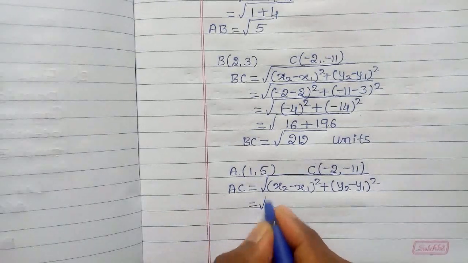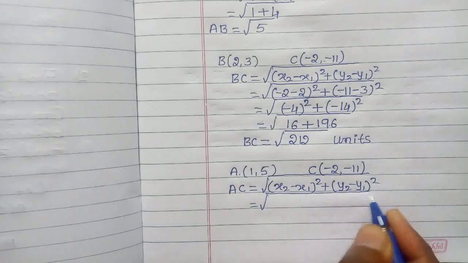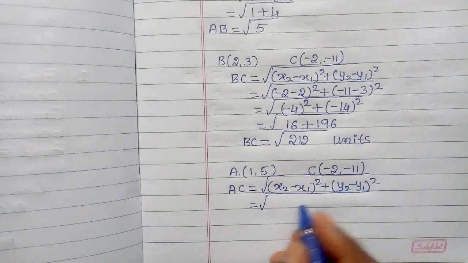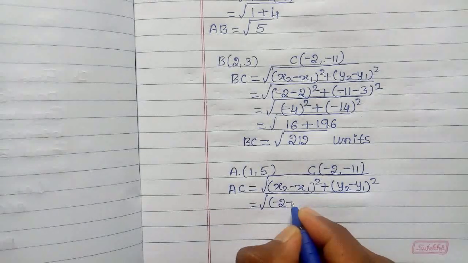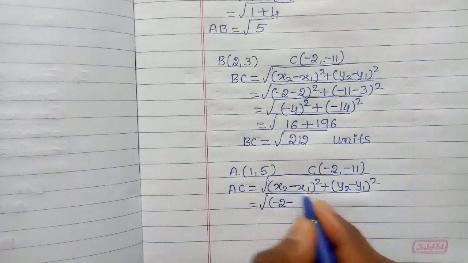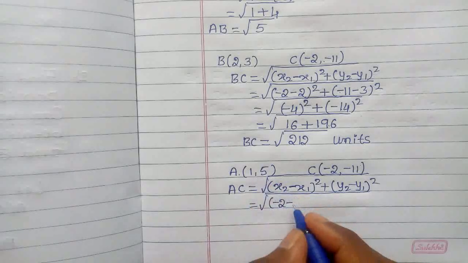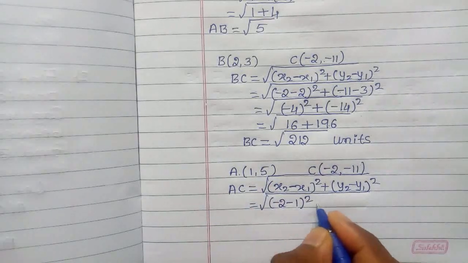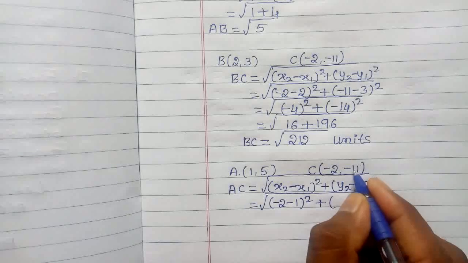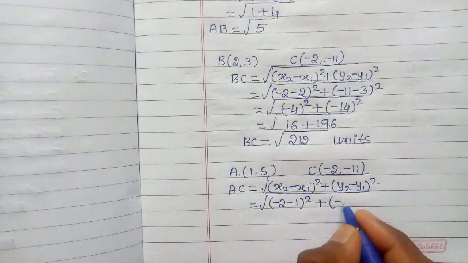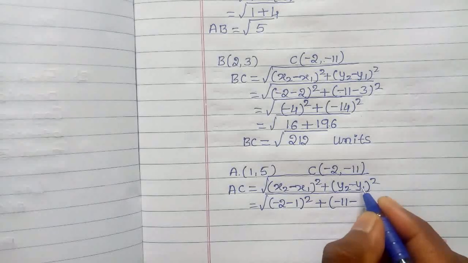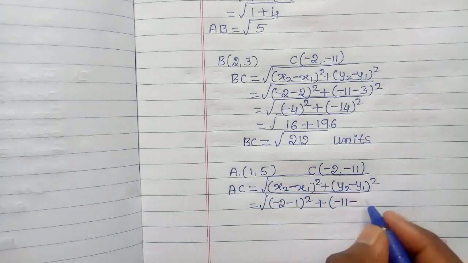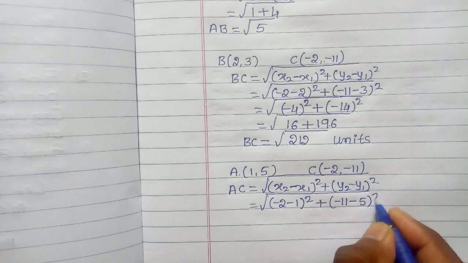Here the value of x2 is minus 2, then x1 is 1, so minus 2 minus 1 whole square, plus y2 is minus 11 and y1 is 5, so minus 11 minus 5 whole square.